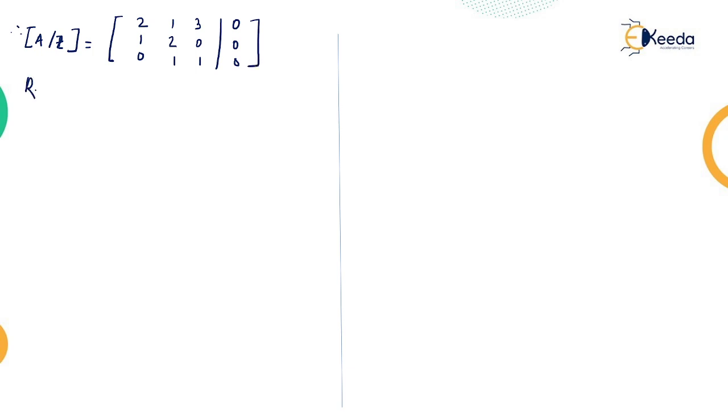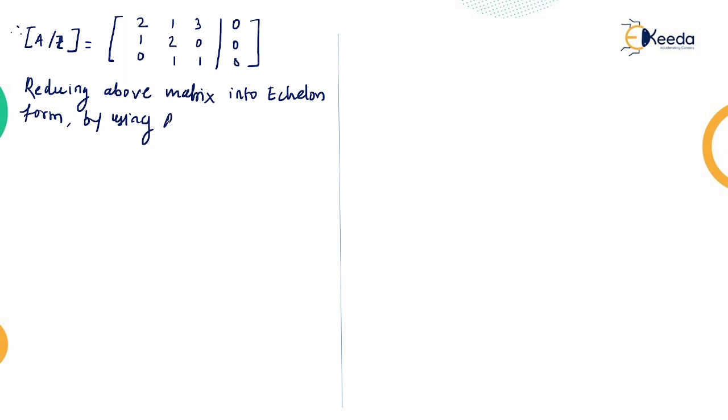We have to reduce the above matrix into echelon form by using row transformations only.